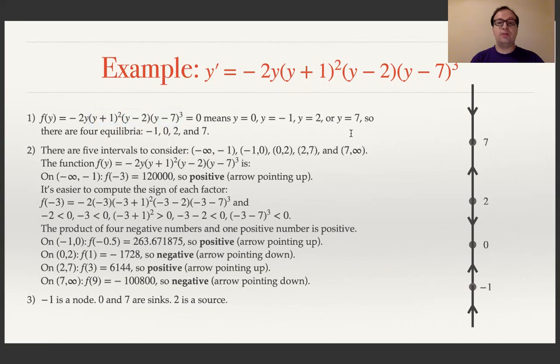So we found 4 equilibrium points: minus 1, 0, 2, and 7. These 4 points divide the real axis into 5 intervals: minus infinity to minus 1, minus 1 to 0, 0 to 2, 2 to 7, and 7 to infinity.